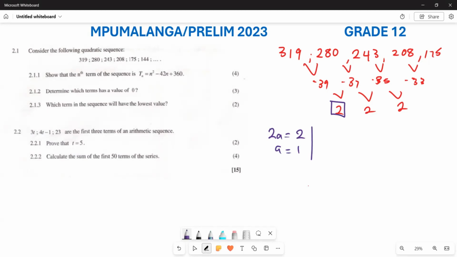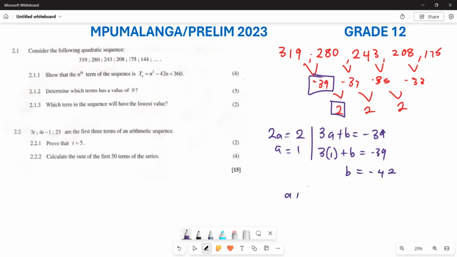Then secondly, 3a plus b is equal to negative 39, which means 3 into 1 plus b equals negative 39. The value of b is then negative 42, when you take this 3 to the other side.